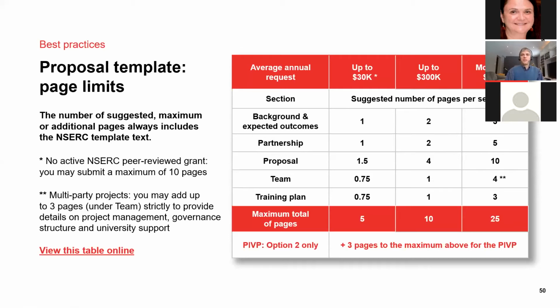And here, for up to 30K, if it's small but one of the researchers has not been peer reviewed by NSERC before, then they can go up to 10 pages, because it's going to be peer reviewed. So you need a little more meat in there than for the ones reviewed internally at NSERC. For large multi-party projects, there are also 3 potential extra pages under the team to provide details on project management.